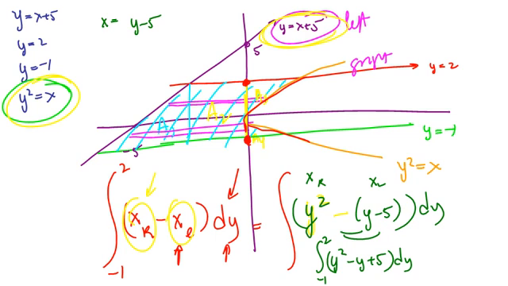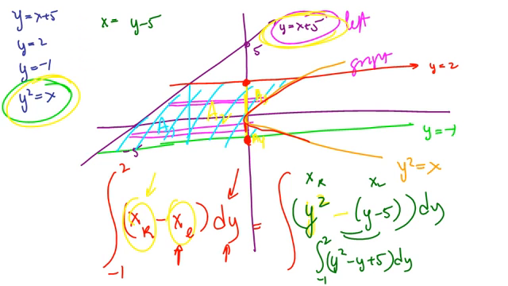So integrating, I haven't got enough room here, so I think I'm going to do this on a new page because it'll just get too messy. So we're going from -1 to 2 of y squared minus, what was it?